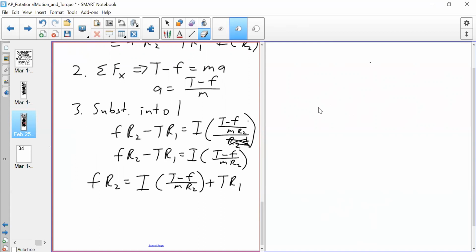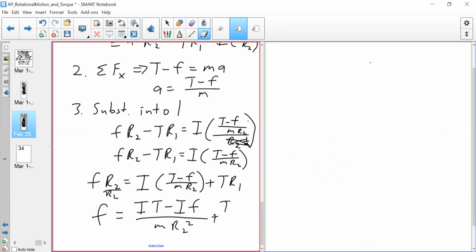So I want to get an expression for F. I'll distribute the I over here, and then it's divided by R2 again. So it's going to be MR2 squared, right? Because I did this to everything.